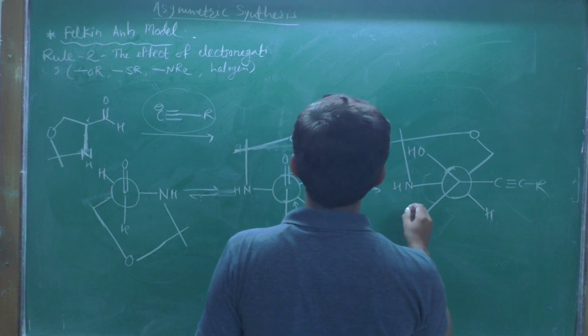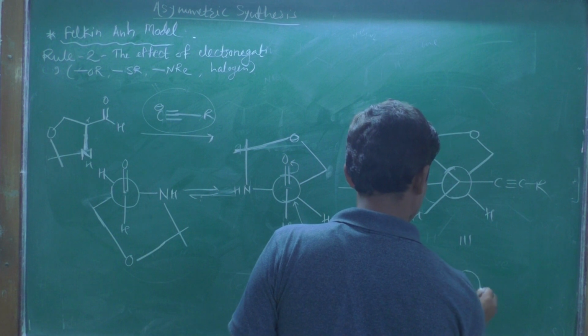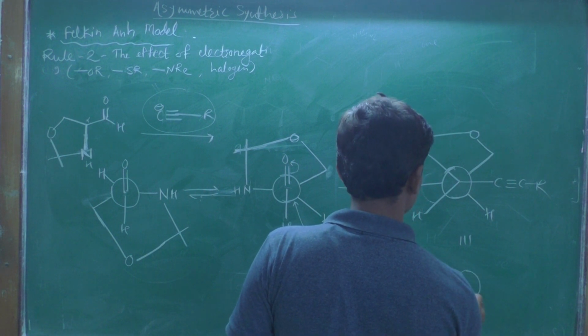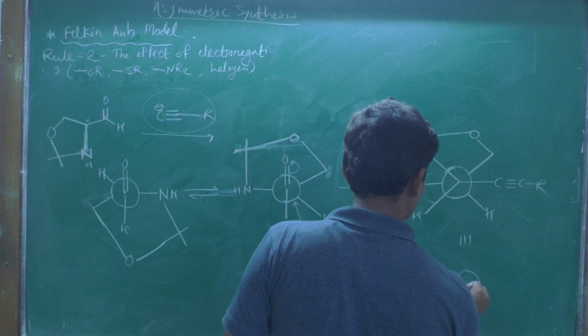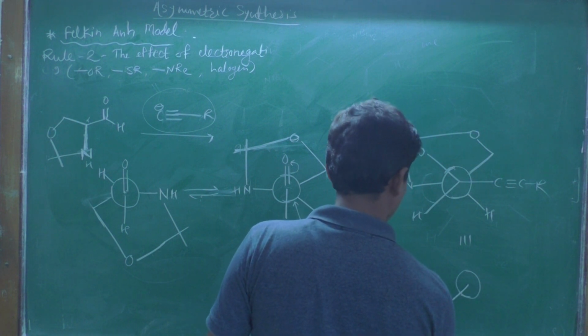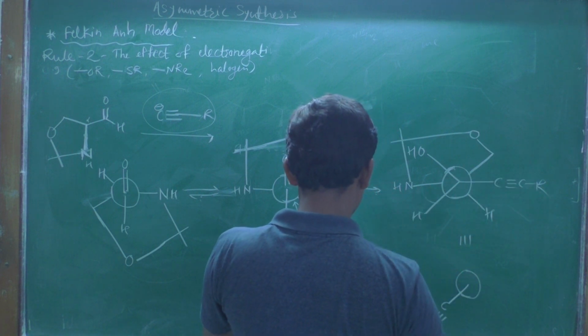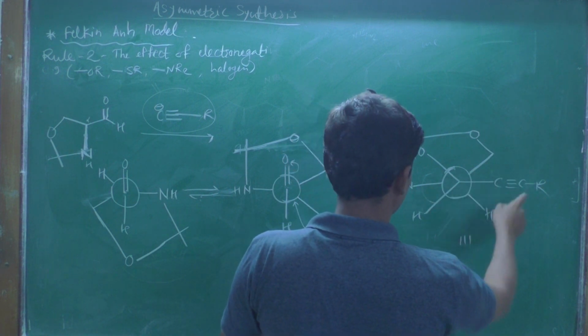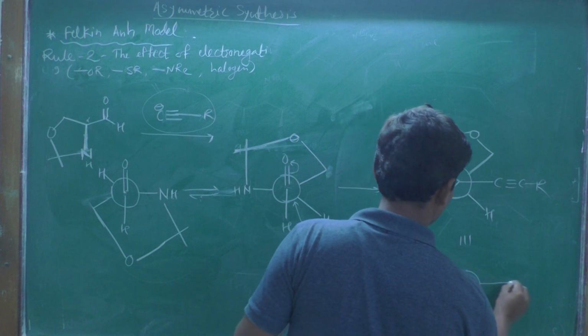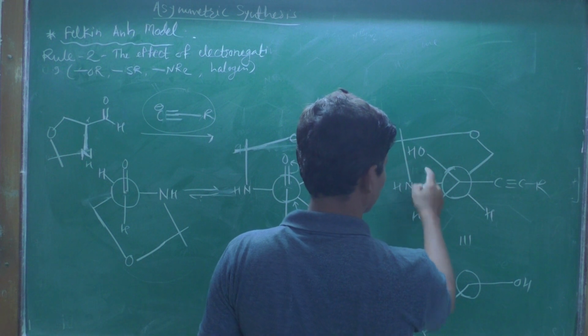Okay, so we can write here C triple bond CR, then hydroxy will go here, and hydrogen will go here.